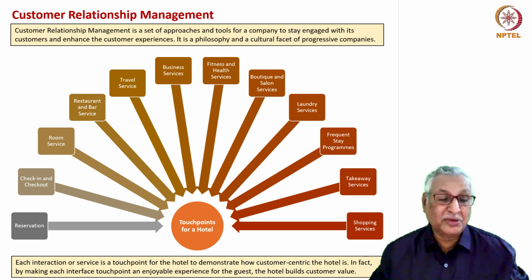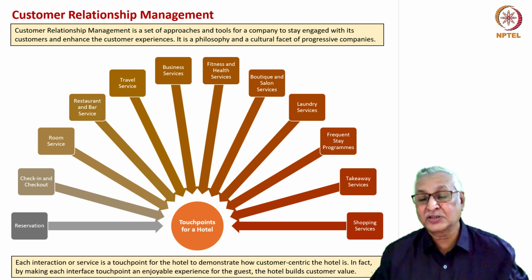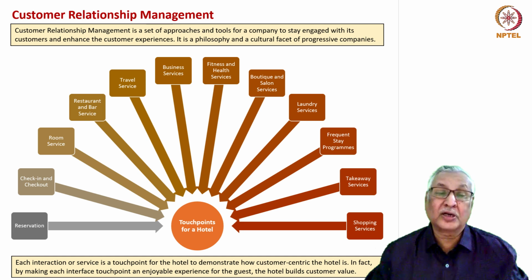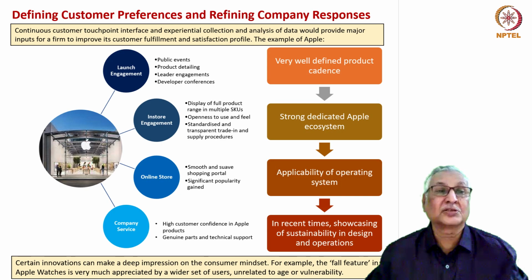Taj excels in making every interface, every touch point an enjoyable experience for the guest, and thus the hotel built its customer value. Many hotels also would like to emulate this kind of customer relationship management.